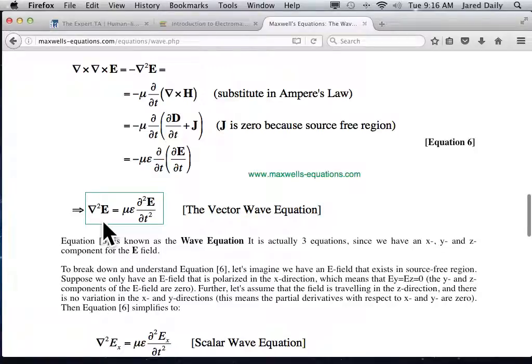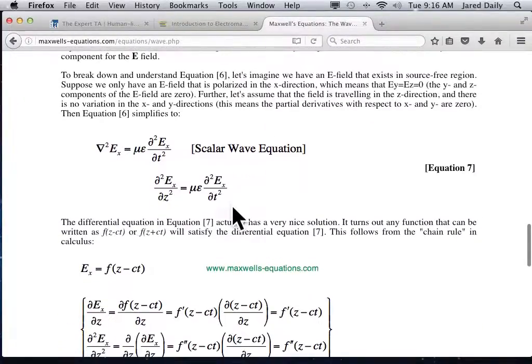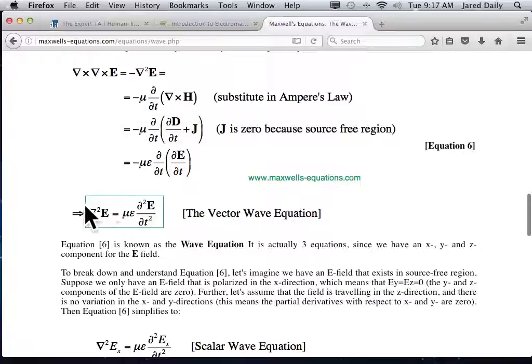You have the second derivative of the electric field in space is equal to the second derivative of the electric field in time. And he got the same thing for the magnetic field. He got two equations that were the same for electricity and magnetism.